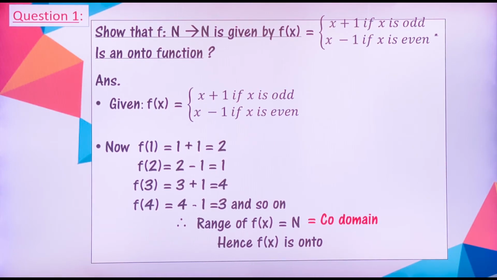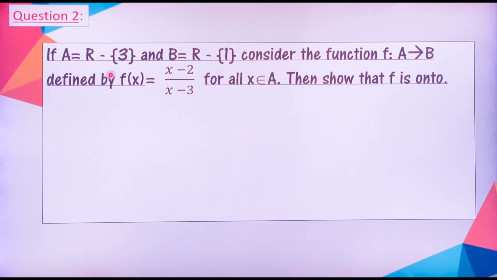See the next question. If A is equal to R minus {3} and B is equal to R minus {1}, consider the function f from A to B defined by f(x) is equal to (x minus 2) by (x minus 3) for all x element of A. Then show that f is onto.